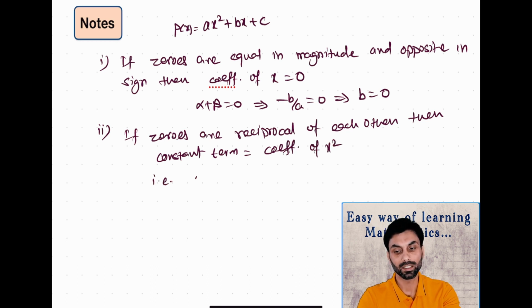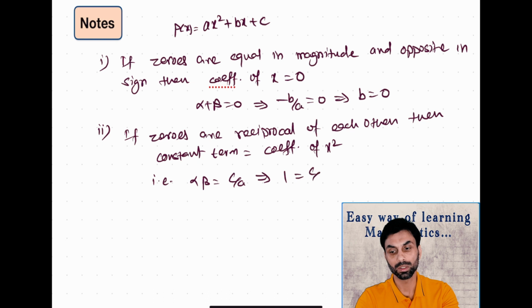That is, in that case, alpha into beta will be c upon a. As zeros are reciprocal of one another, we can say alpha into beta is 1, which equals c upon a, and so we get c equal to a.